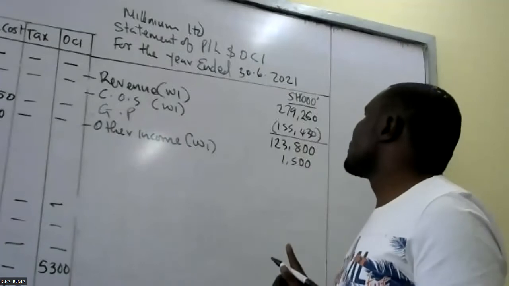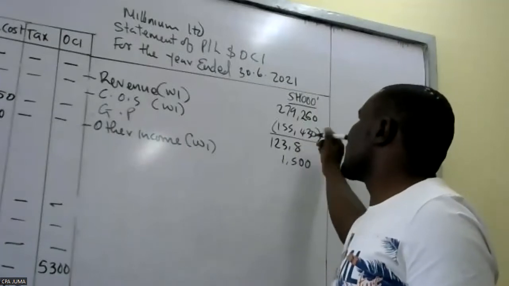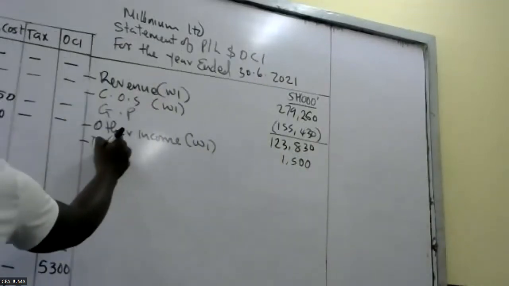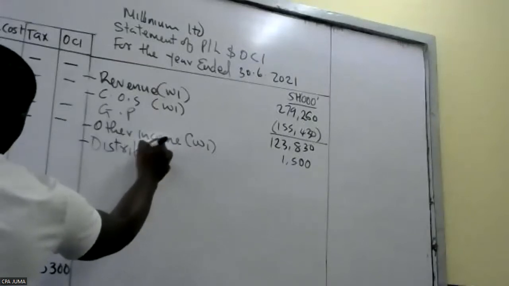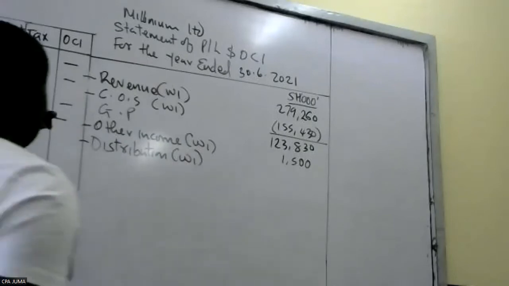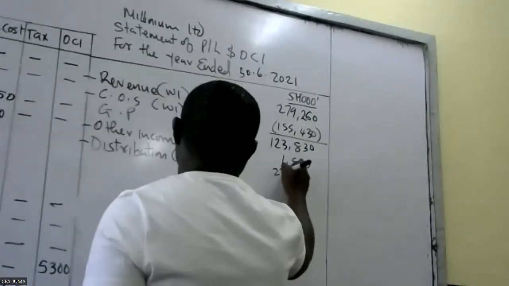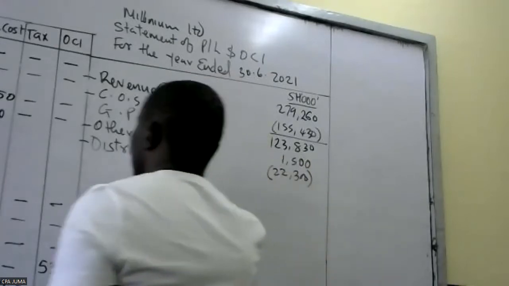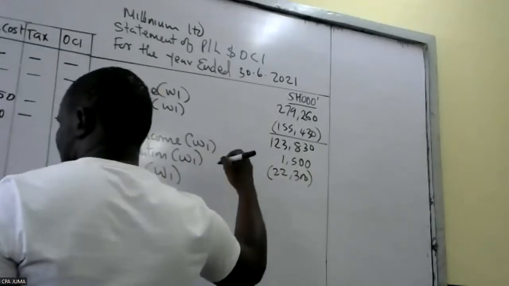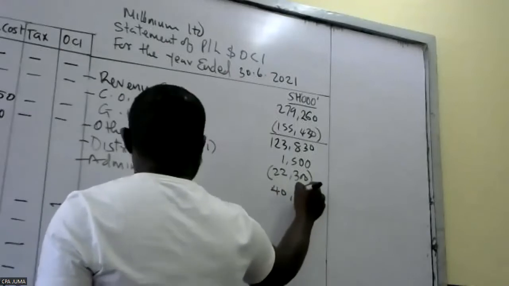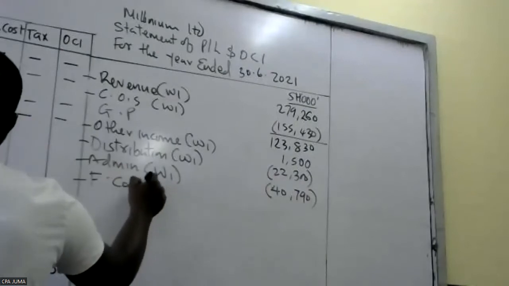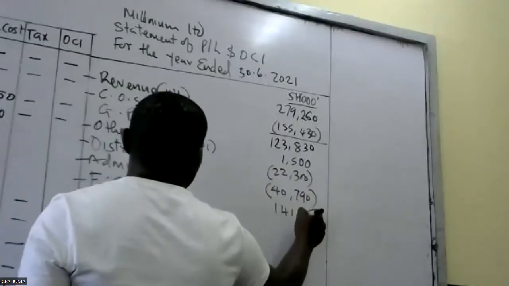Then distribution, working one, 22,300. Admin, working one, 40,790. Finance costs 1,410.